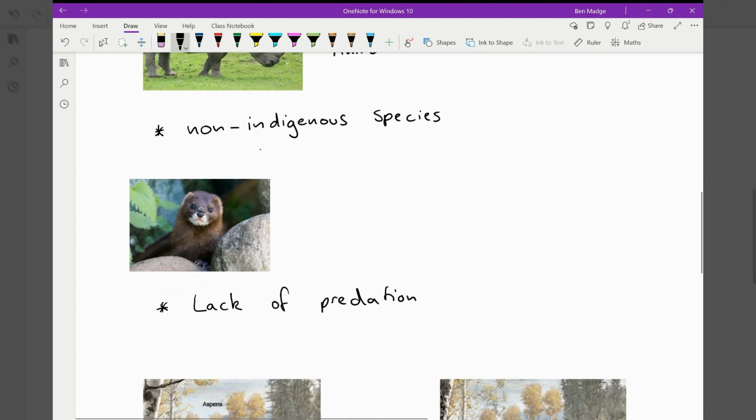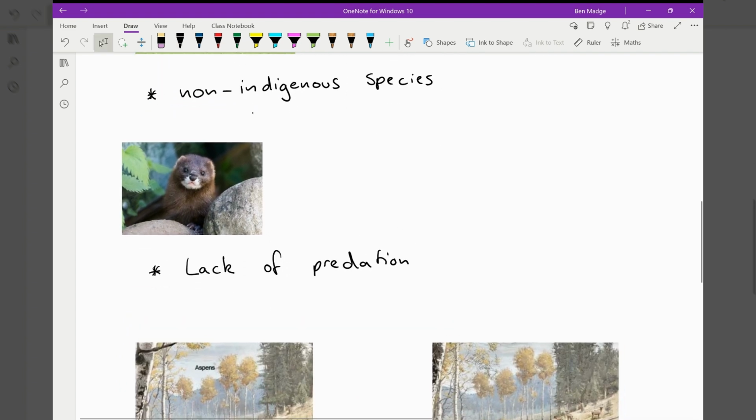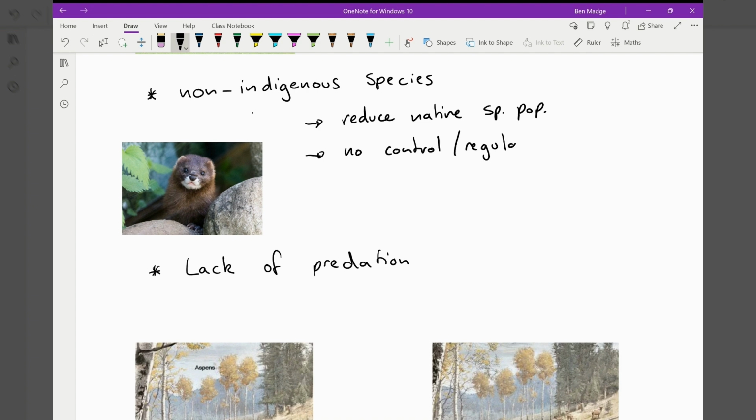The next reason why we might want to do some sort of population control is because we have a non-indigenous species introduced. This is what otherwise might be called an alien species or an invasive species. And this will act to reduce native species populations, and there won't be any control or regulation because it's an invasive species, so there's no natural process to control it.